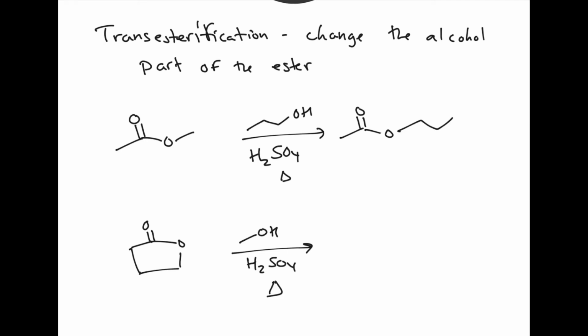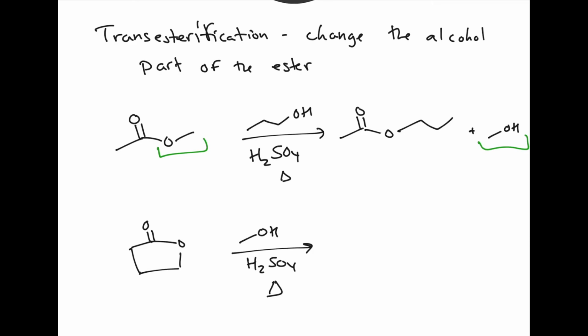If you have a lactone and you do this, you end up with your alcohol. So I should point out, you do generate methanol, right? You generate this alcohol here. The alcohol fragment ends up being just an alcohol. When you have a lactone, the new ester that you make ends up attached to the alcohol fragment.